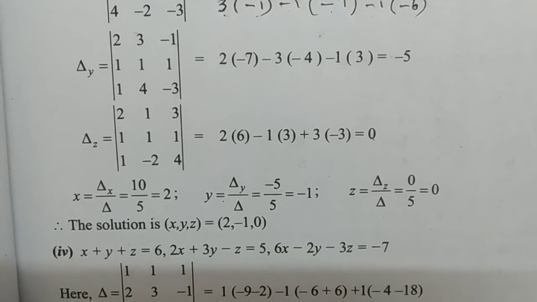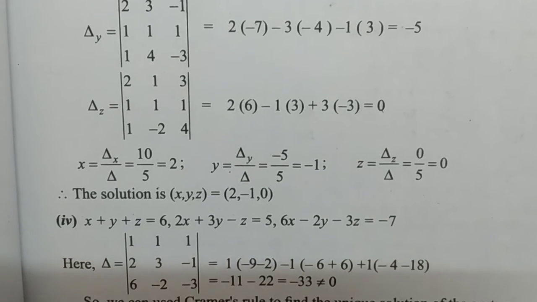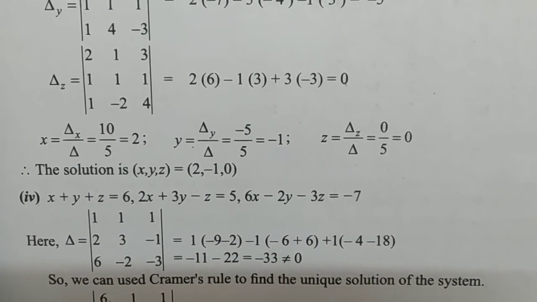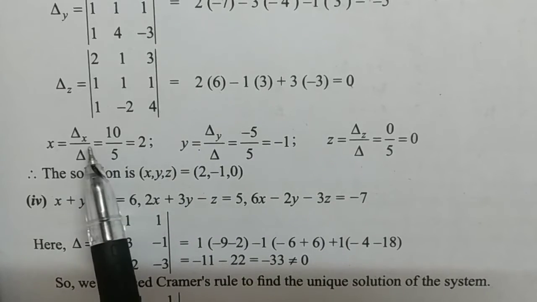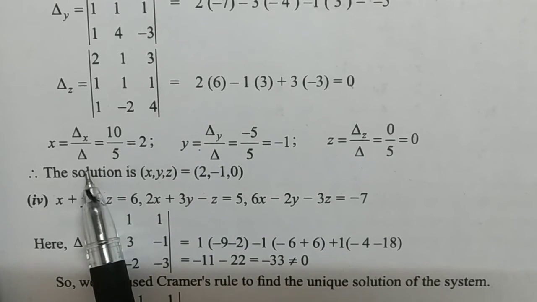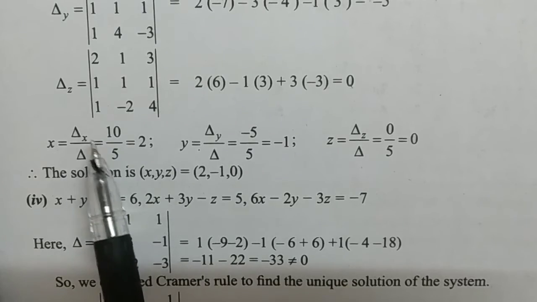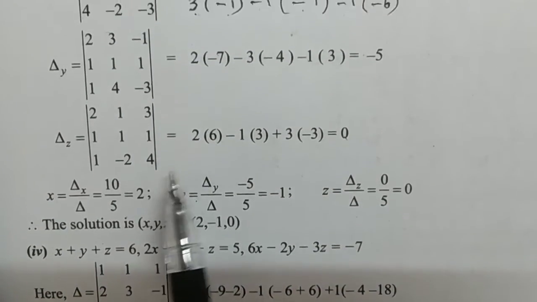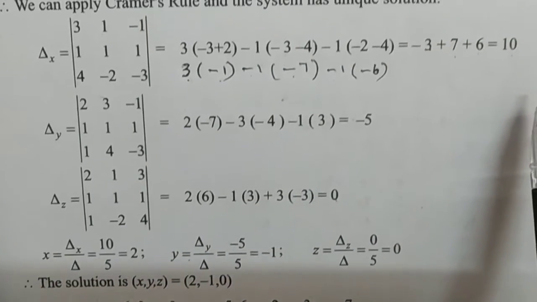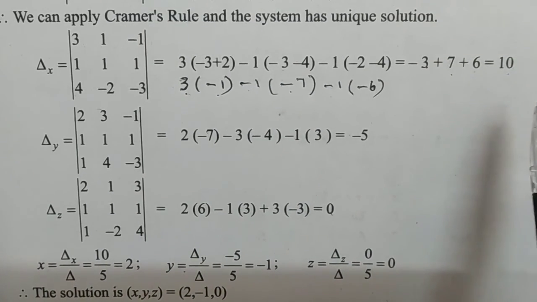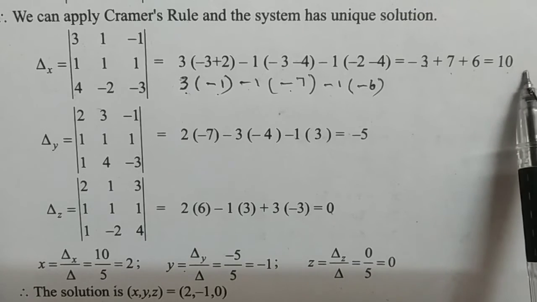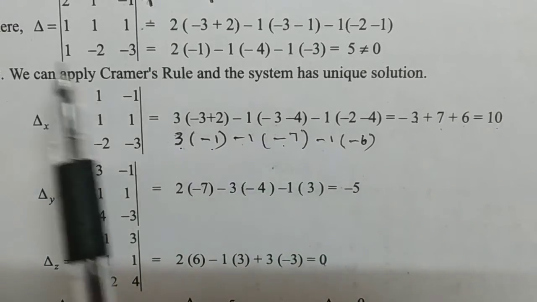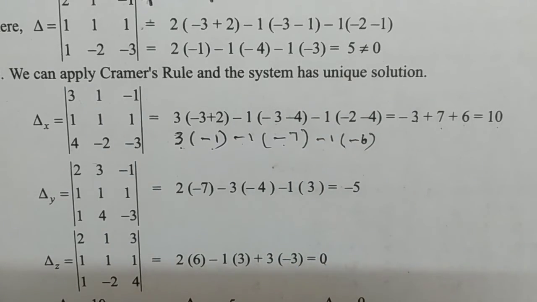So to find the values of x, y and z: x is equal to delta x divided by delta. Delta x value is 10, and delta value we already found is 5.